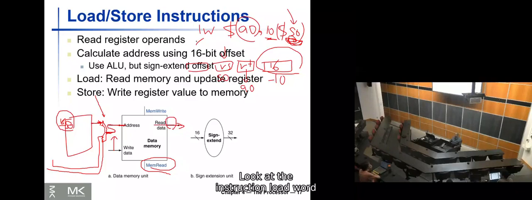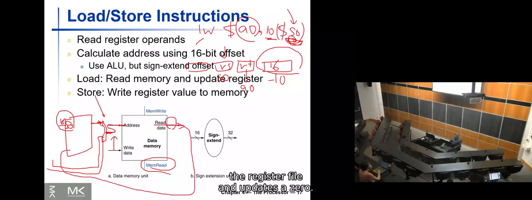Look at the instruction. Load word A0 with the address. Where should the value that we have read from the memory go? Yes, it goes to A0. It should go to the register file and update A0.